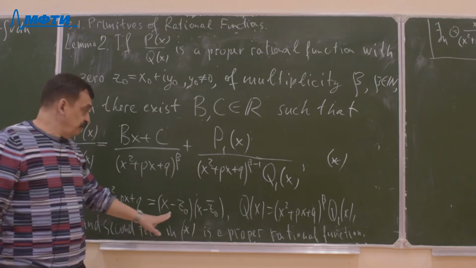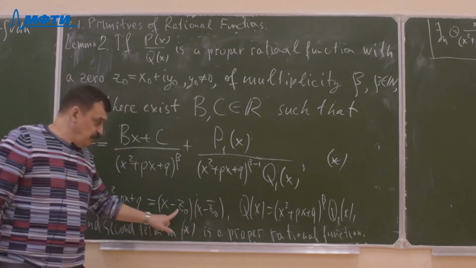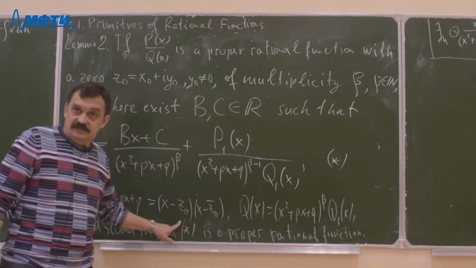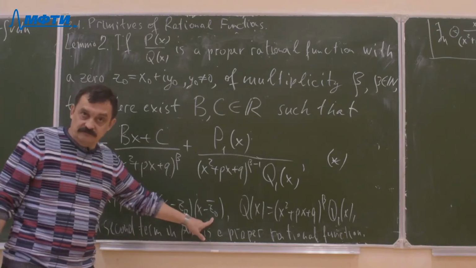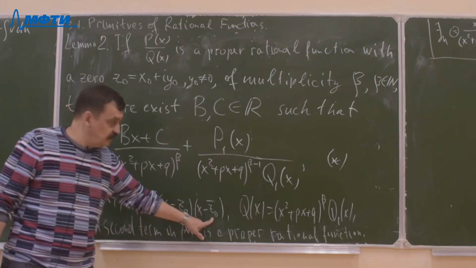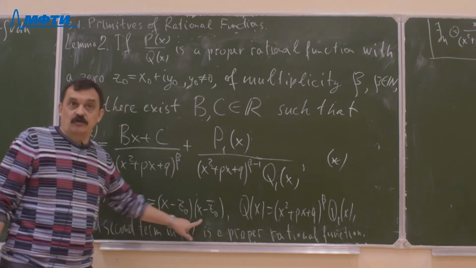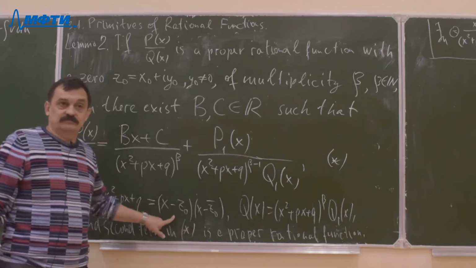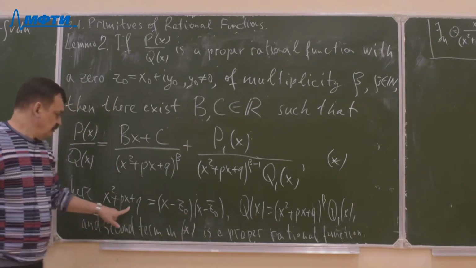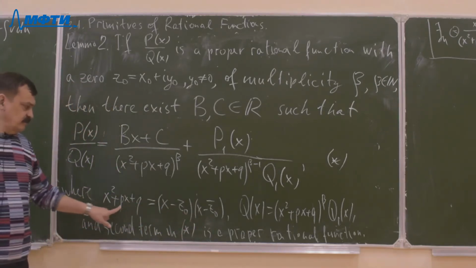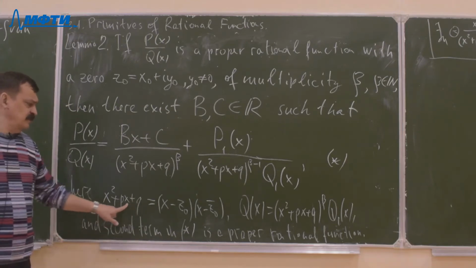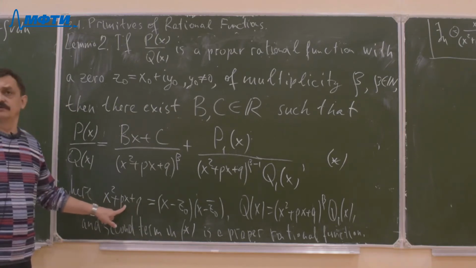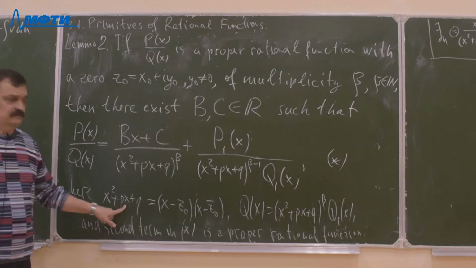And if Q of x has both zeros z naught and z naught conjugate, right, then by Bézout theorem it can be divided by that product, right? And the product of those two gives, okay, we can write explicitly what P and Q are easily, right? How?